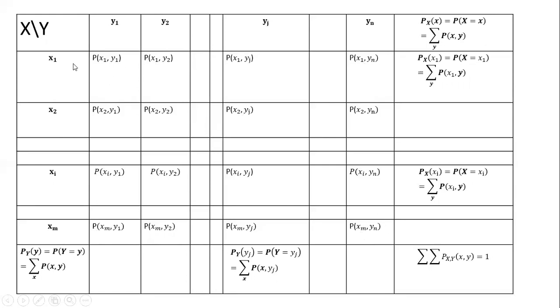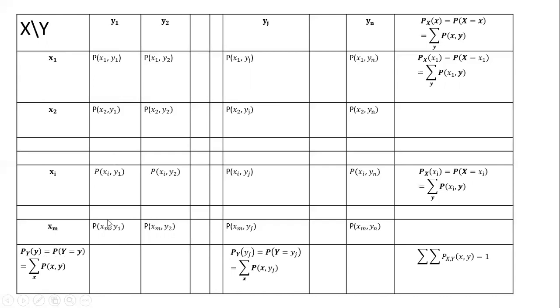Now, if I add all these, that means P of x1 comma y1, plus P of x2 comma y1, plus P of x3 comma y1, and so on, this is called the marginal probability of y1. We denote it by P sub Y of y, which is equal to the probability of y, which is equal to the summation over x of probability of x comma y, where x runs from 1 to m.